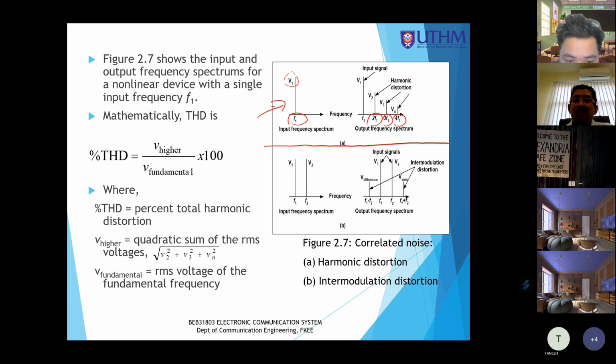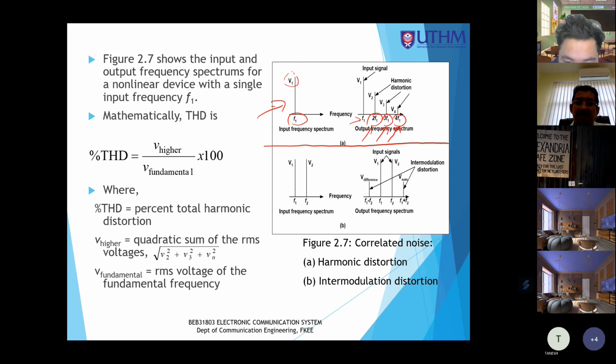Okay, so these are the harmonics produced due to the nonlinear amplification. The first one here is the fundamental frequency, and this is the second order harmonic, third order harmonic, and also the fourth order harmonic.